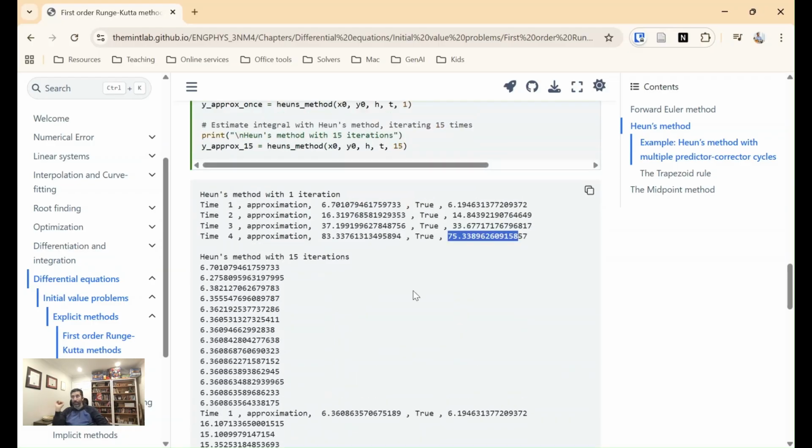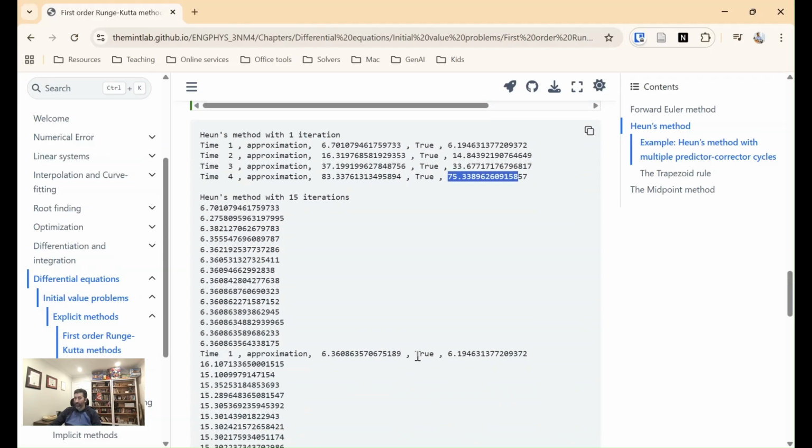Okay, now we're going to compare that to a case where we're actually going through that iteration cycle, predictor, corrector, 15 times. That's where this code comes in. What you're going to see is that yes, we do converge on an answer, but it's not the right answer, right?